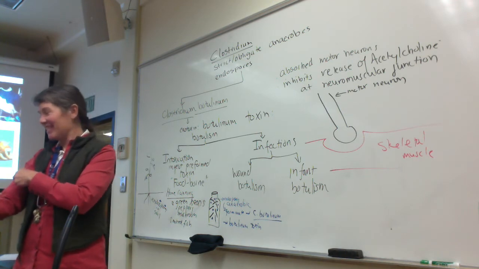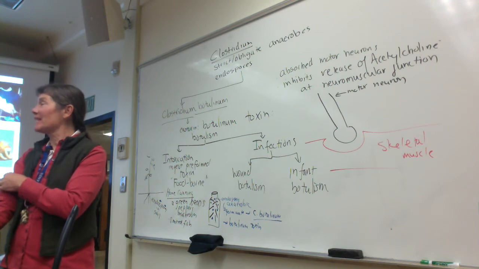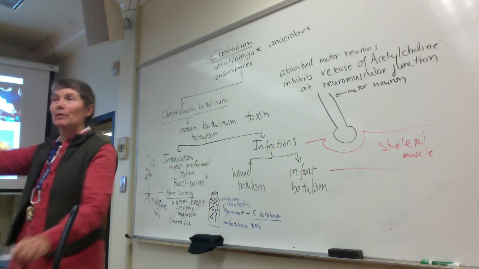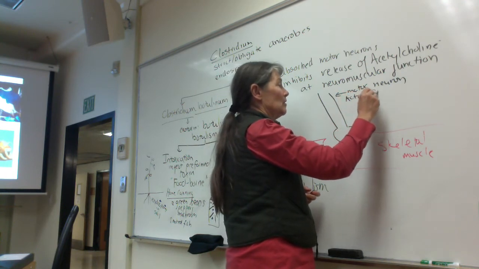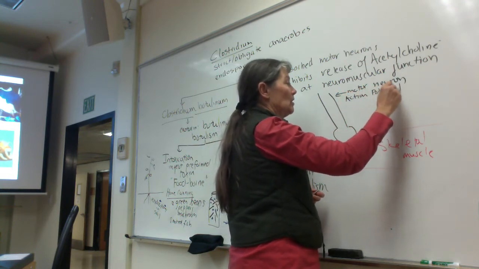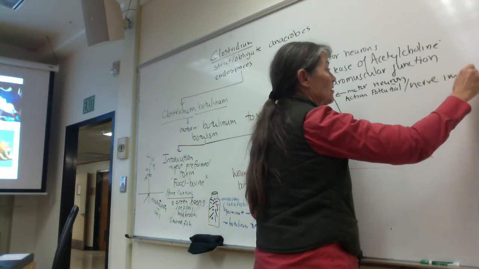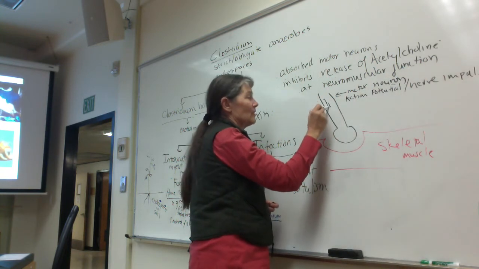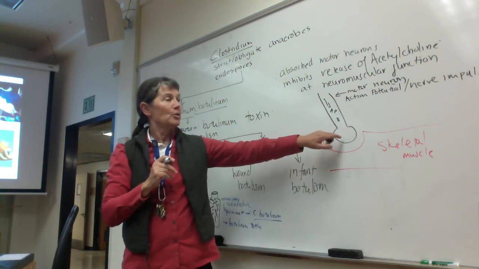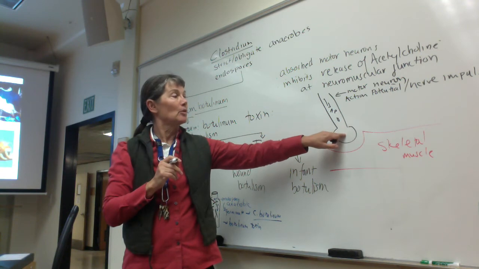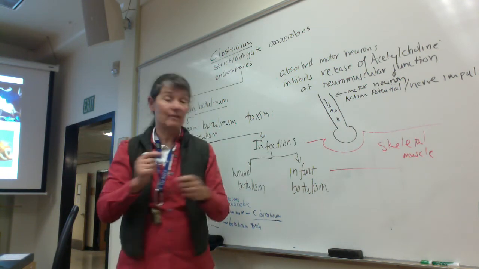So let's pretend, you guys, that's a motor neuron innervating my biceps. And let's say I want to bend at my elbow. I need to contract my biceps. So I'm sending a nerve impulse, an action potential, down my motor neuron. Here's a little AP coming down the neuron. When the action potential reaches the end of the motor neuron, it should trigger the release of the chemical messenger acetylcholine.